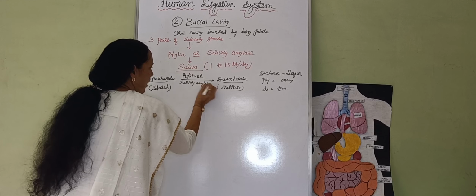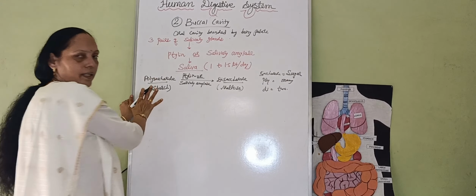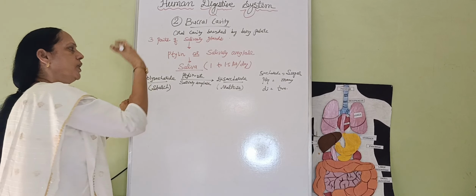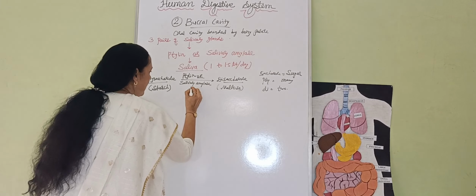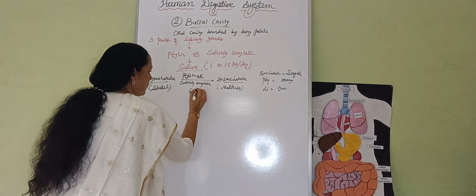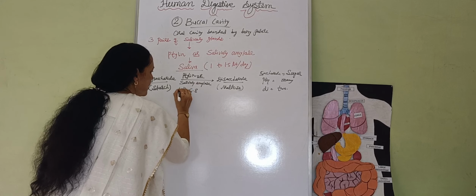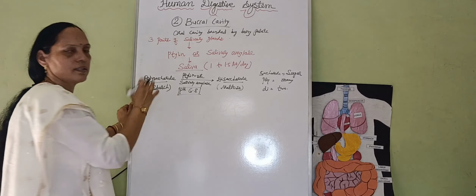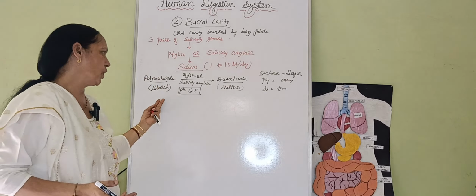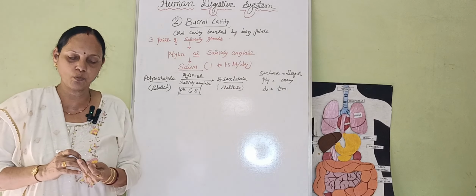With its help, the polysaccharide molecule is converted into the disaccharide molecule. The pH for this salivary amylase is 6.8.